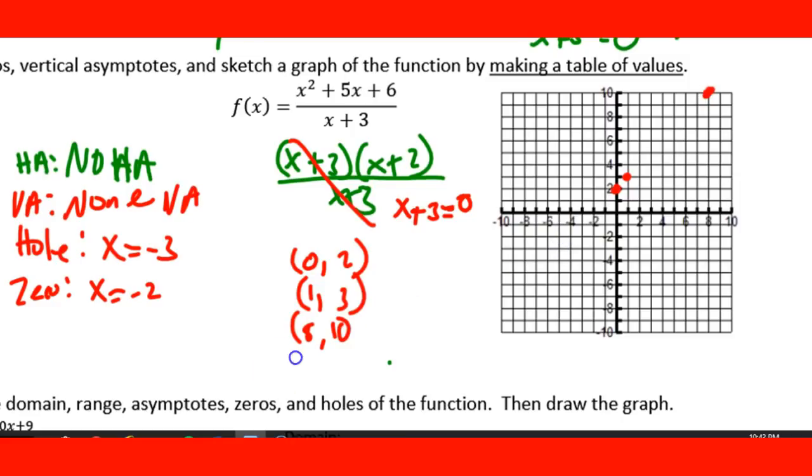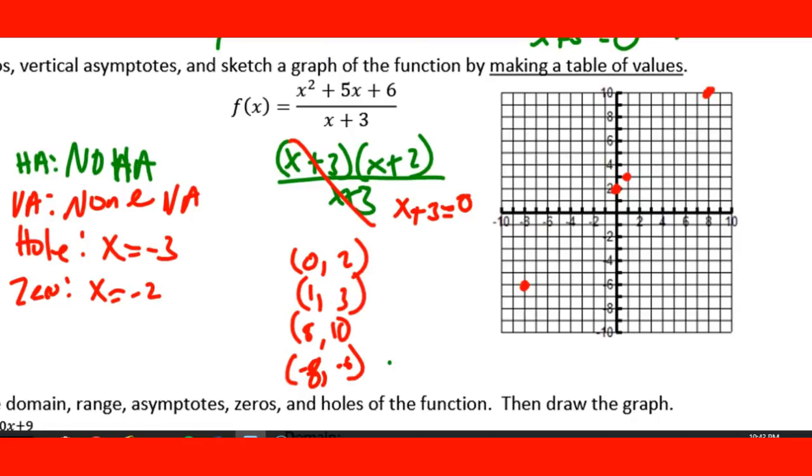And then let's do a negative number, -8. -8 plus 2 is -6, so negative 8, negative 6. Boom, so there's my deal.